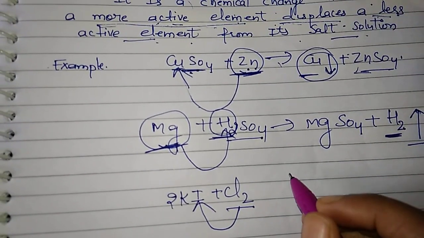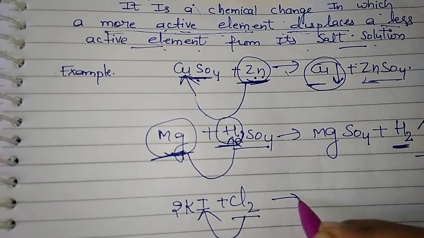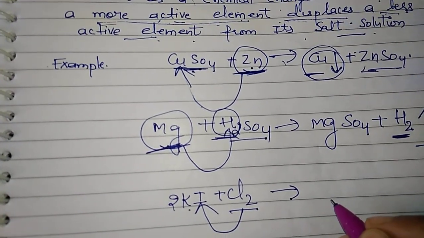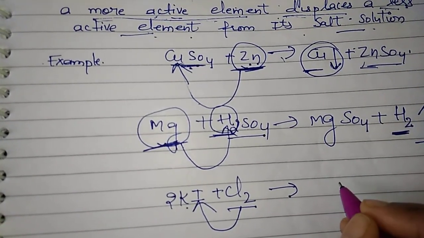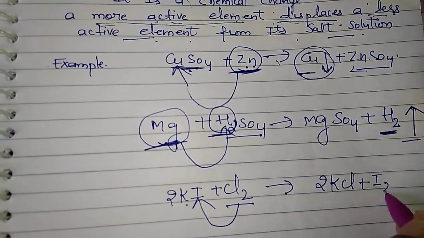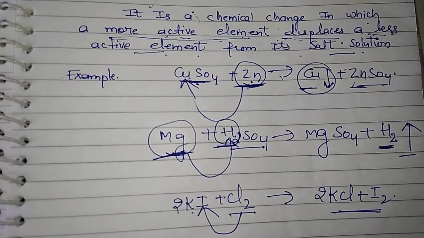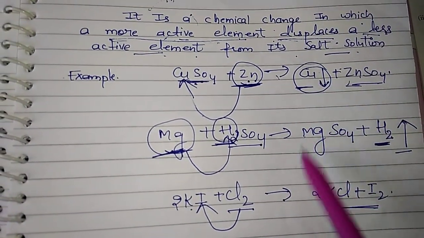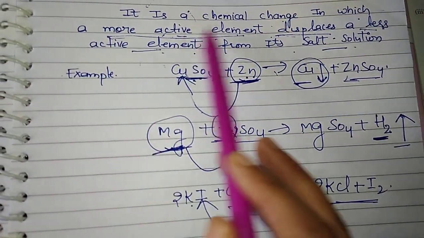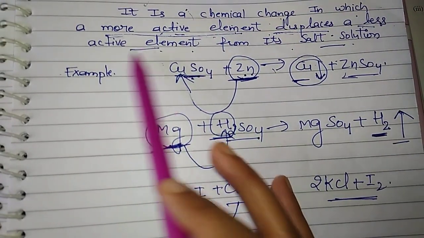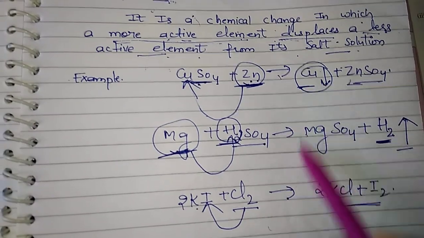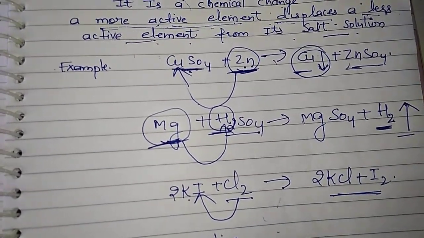The colorless solution turns yellow brown as iodine appears, plus 2KCl. The more active chlorine easily displaces iodine. This is an example of a displacement reaction. You can see all these are displacement reactions. It is a chemical change in which a more active element displaces a less active element from its salt solution. So all of these are examples of displacement reaction.